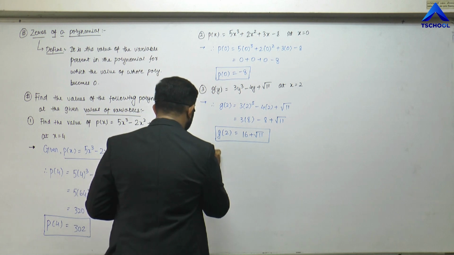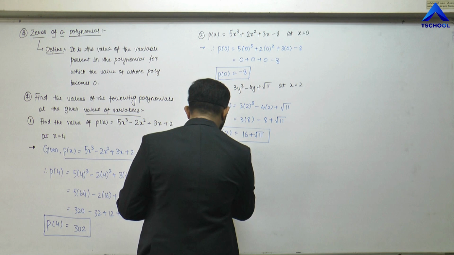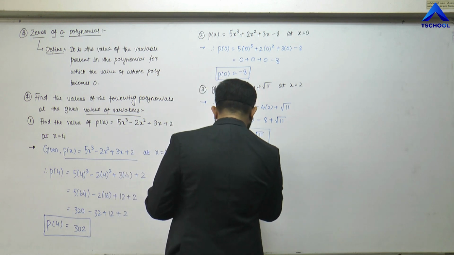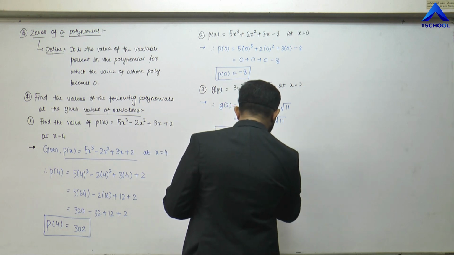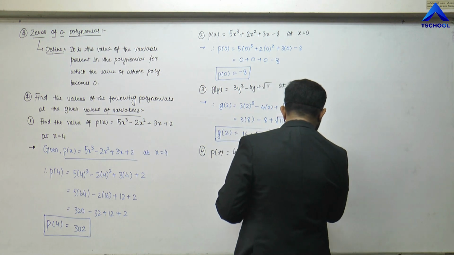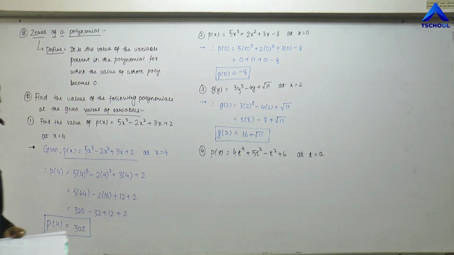Fourth one, it is given like p of t is equal to 4t raised to 4 plus 5t cube minus t square plus 6 at t equals a. See, friends, in this question it is asked to find the value of this polynomial at t equals a.